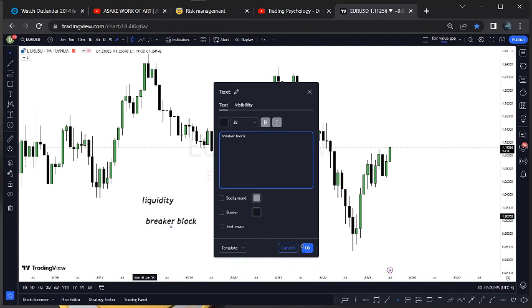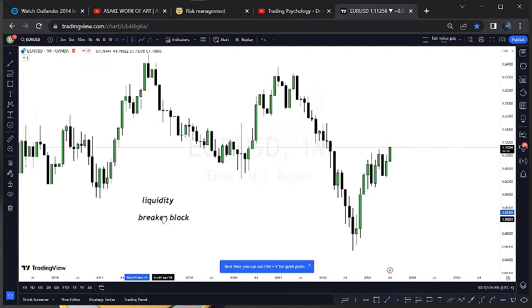I think these two is what I'll be talking on, right? Now, liquidity and the breaker block. Now, breaker block, I'll be talking about two forms. Liquidity, I'll be talking about two forms.